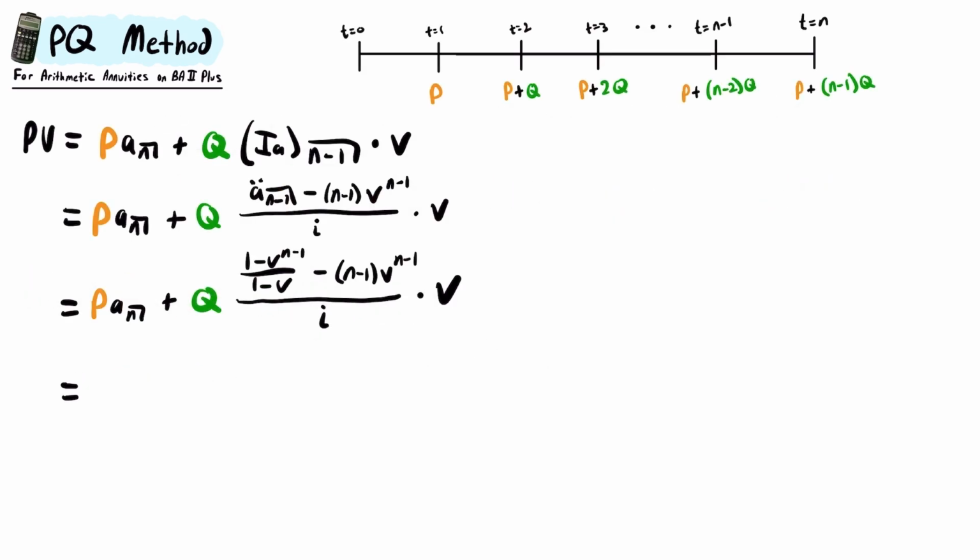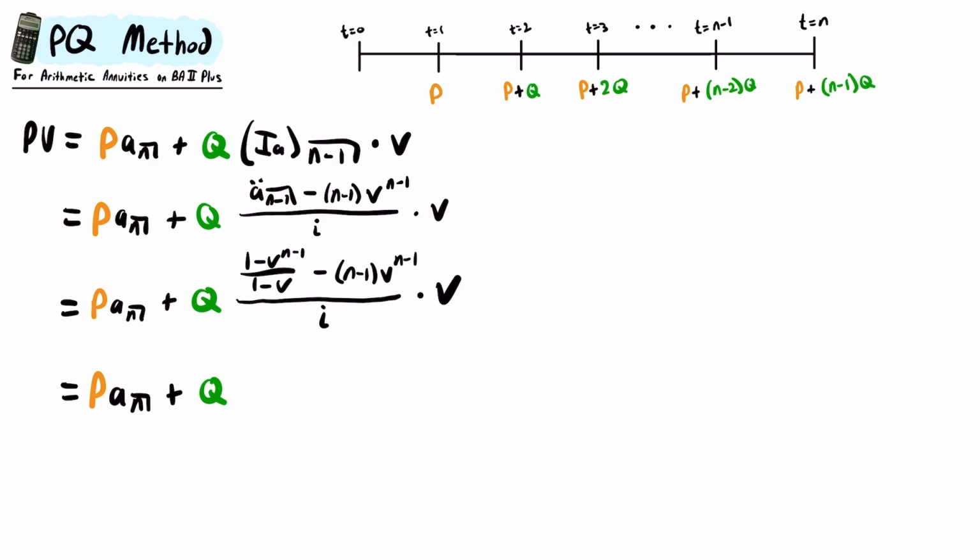If we do that, we still have P times a angle n plus Q, but now I'm going to multiply this v into the numerator of this expression. So we have to multiply it by each part. Starting with this part, v would be multiplied into the numerator. You'll multiply v by 1 and by negative v to the power of n minus 1.